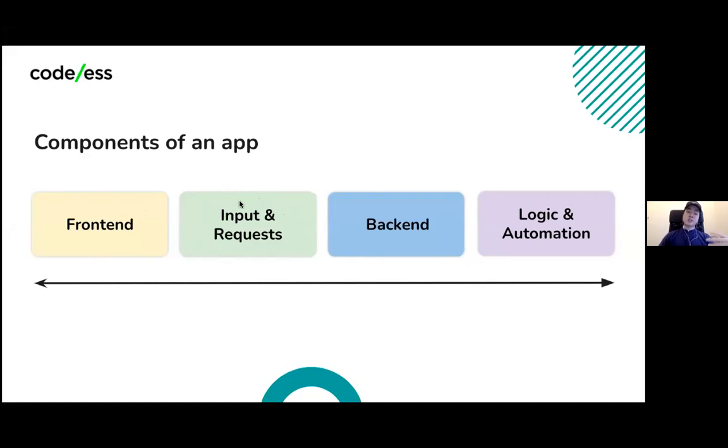It can be as simple as a form on your website. Once the users put in any kind of input, any kind of data that you want to collect, this data is then stored on your backend, right? And once all this information is collected, you will have the logic and automation to put all of this together and connect the components to make up your app, right?